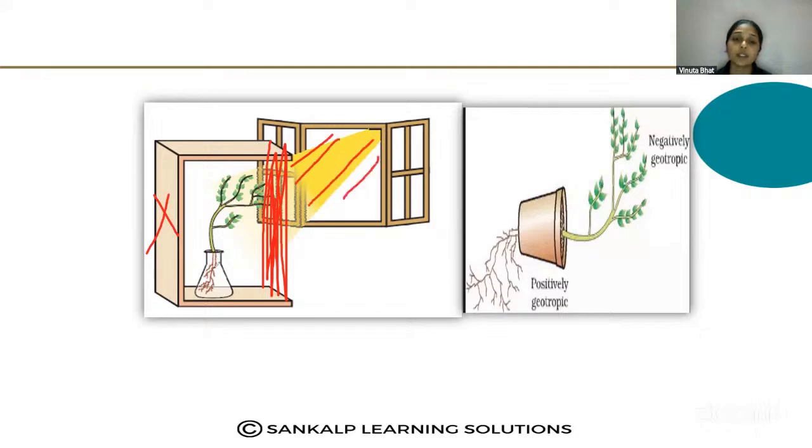When you keep this setup for some time, the plant stem bends towards the light, where the light is available. It moves in the direction where it receives the light. So this is called positively phototropic.